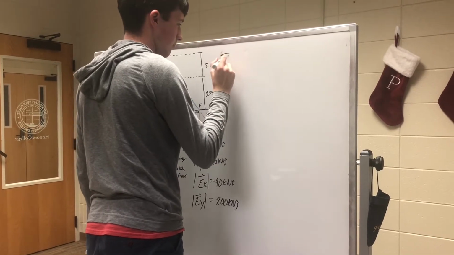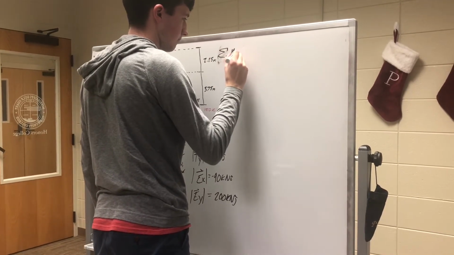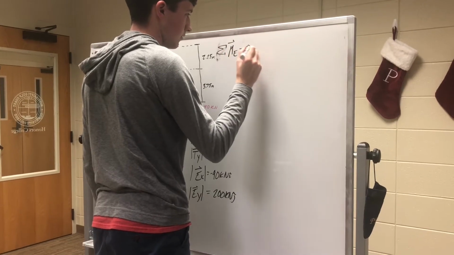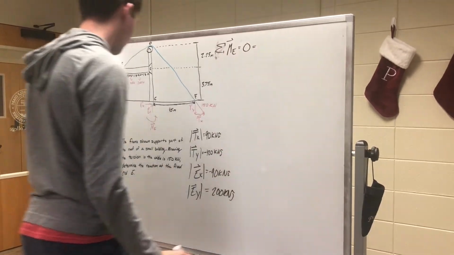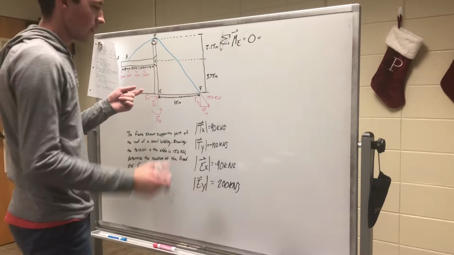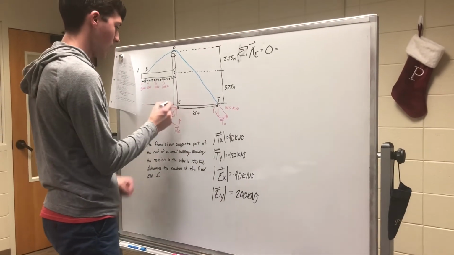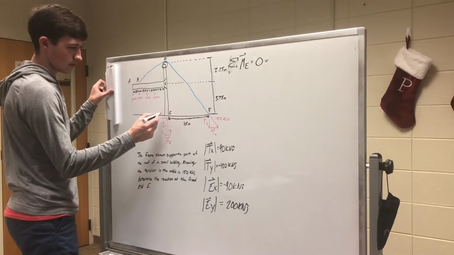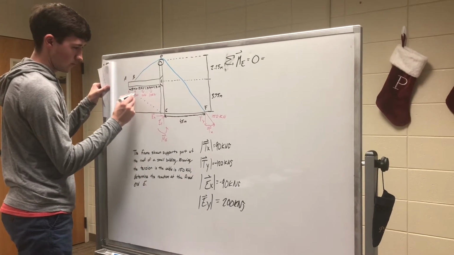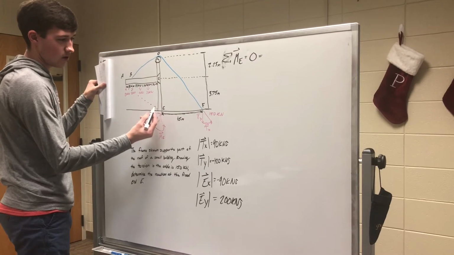The sum of the moments in E is equal to 0, which is equal to, now for these, this is going to be our origin, so this is going to be our 0, 0 point. We have to move the forces from here, with this being our starting point.